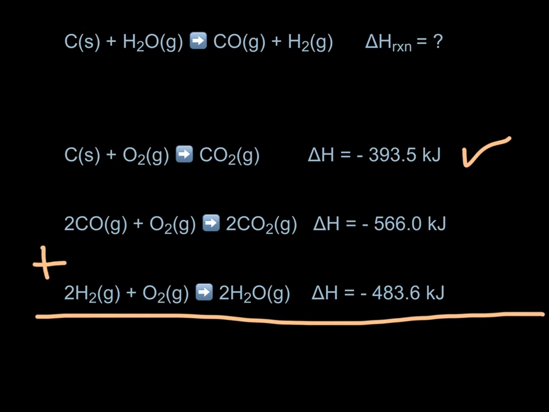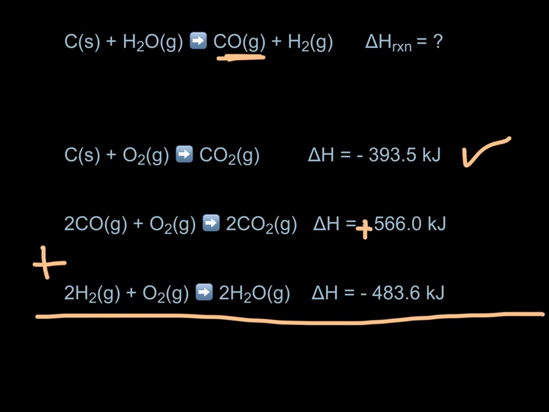Okay, let's look at our second reaction. We have carbon monoxide plus oxygen gas. Now, in the equation we want, carbon monoxide is a product. So we're going to have to reverse this reaction. If we reverse the reaction, we need to change the sign from negative to positive.